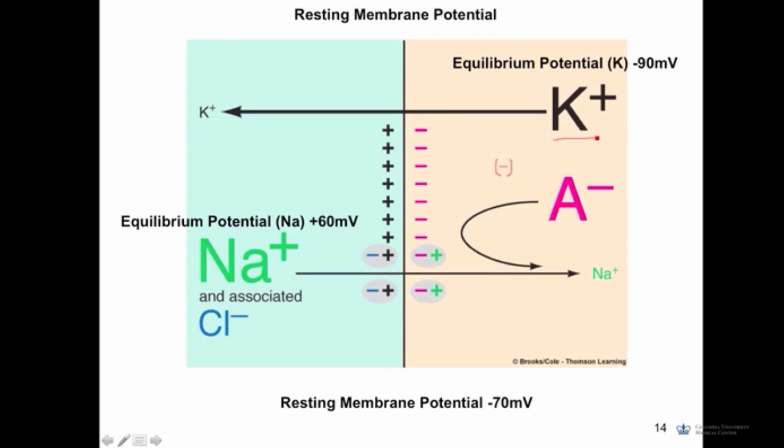All right. So potassium is a positively charged ion, and it's sitting in a negatively charged environment. Now, the concentration gradient of potassium is pointing out of the cell, right? It's got a greater concentration inside than out. So the concentration gradient is pointing out of the cell. The electrical gradient, however, for potassium, which is positively charged, is actually pointing inside of the cell.